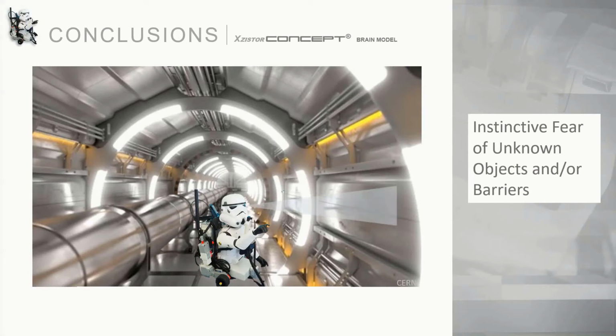There's a typical situation where we have a robot, or more than one robot, deployed into, let's say, a factory, a facility, or it could even be a ship or a mining or any sort of potentially hazardous environment. There might be chemical hazards. And what we're giving the robot is an instinctive fear of unknown objects or barriers.